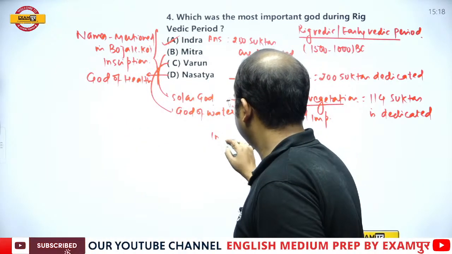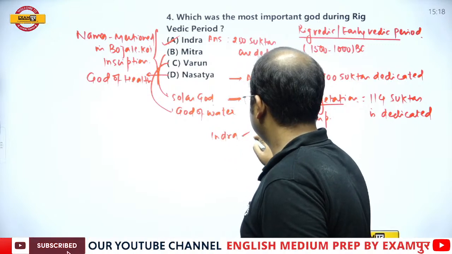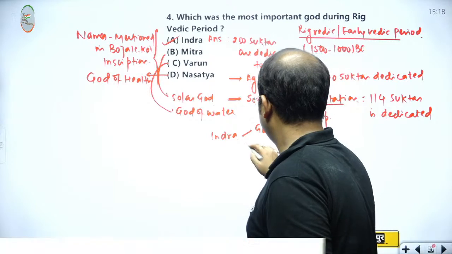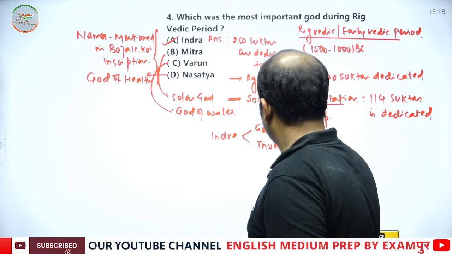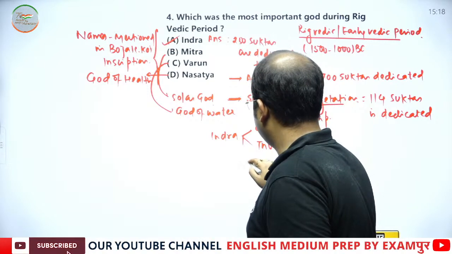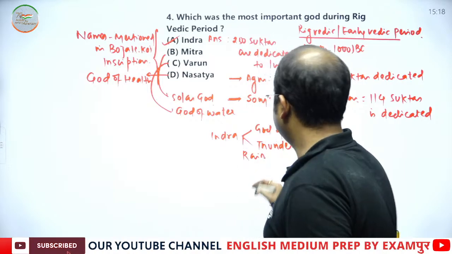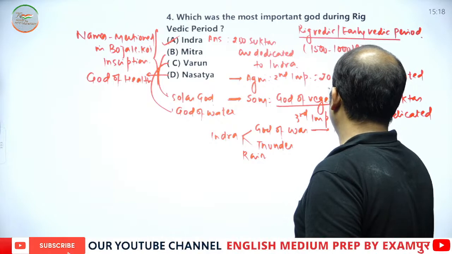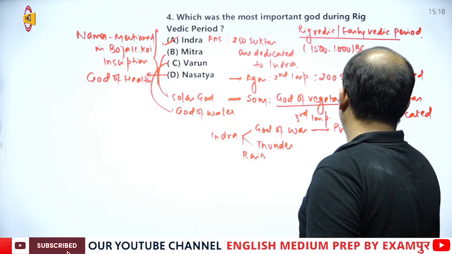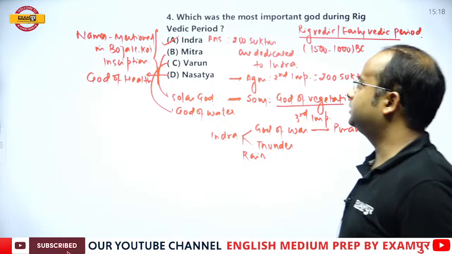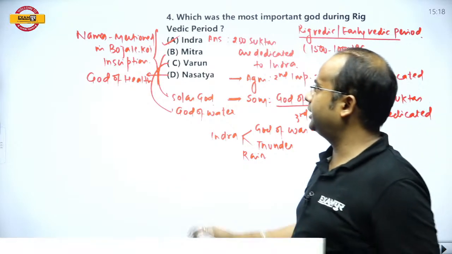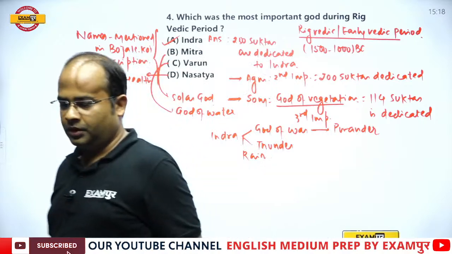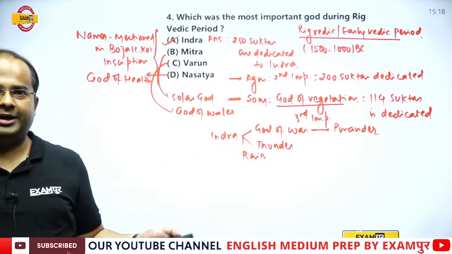Indra was the god of war, thunder and rain, and since Indra was the god of war, another name is Purandar. Therefore, the correct answer will be option A, that is Indra.